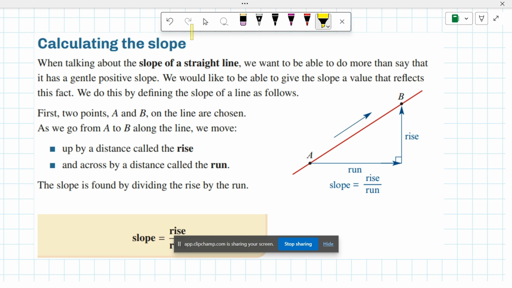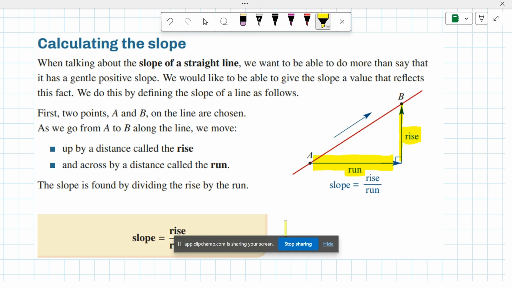As I said, look at this straight line. It goes from the bottom left to the top right, which is positive. If we call the up distance the rise, and the across distance the run, which we can show here.